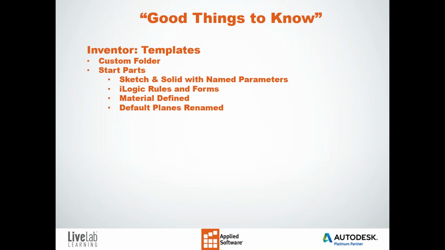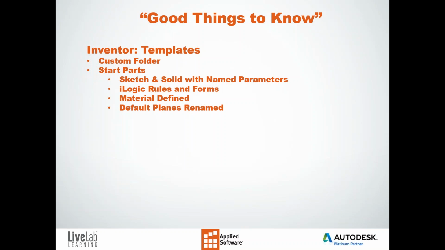You can use those tools to make it easier for the next time you have to create a common part. So if you're going to start off with what we would consider raw material, a block of this particular material that you want to define, you can go ahead and define that material, set up your named parameters, and link those parameters into an iLogic form.